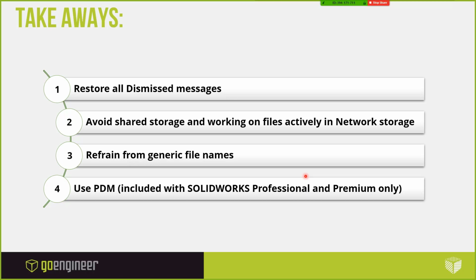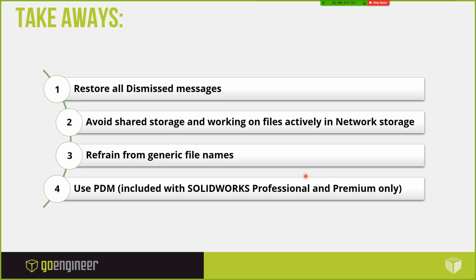So the takeaways from this webinar are that now you know how to bring back all those dismissed messages, with the added bonus of knowing where to increase the timer for the missing file warning.